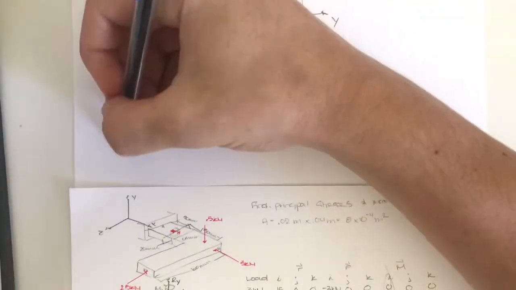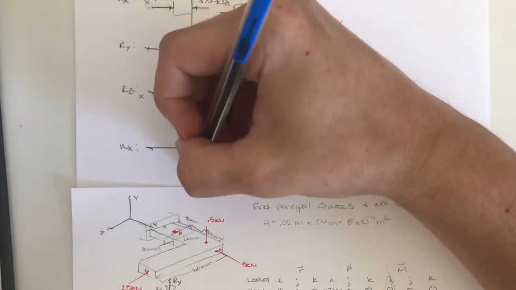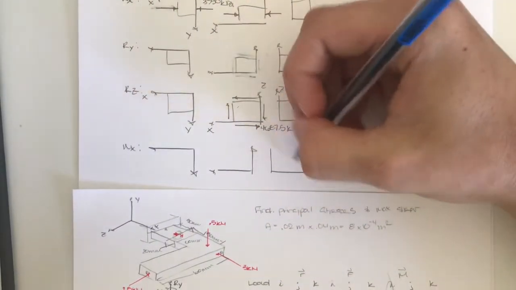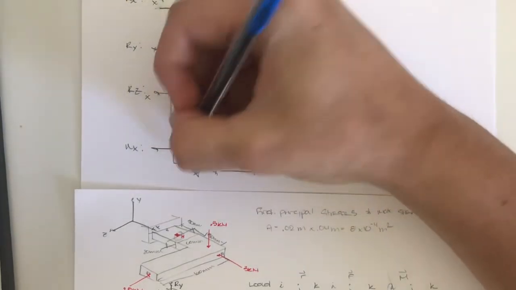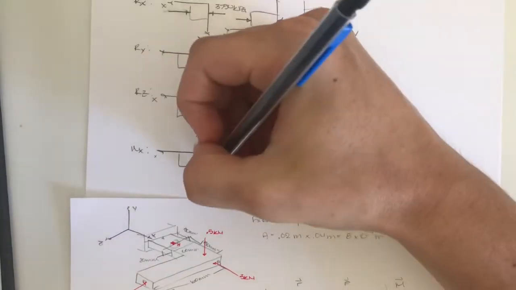I'm just going to draw this again. I don't necessarily need to draw it, just like the reaction in the y. However, it makes these combined loading diagrams easier to comprehend.